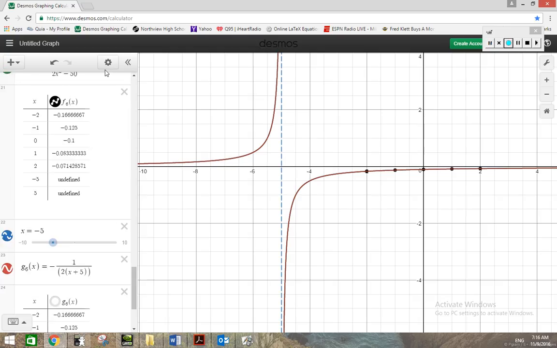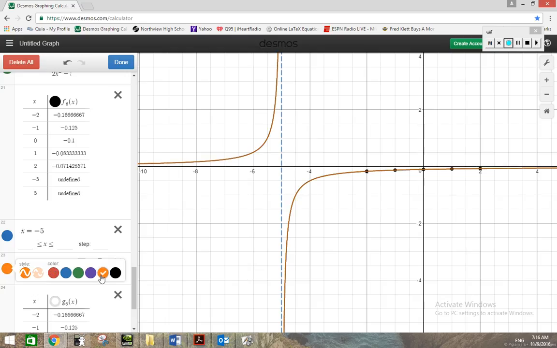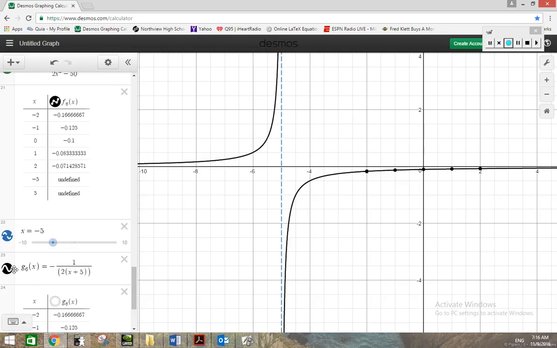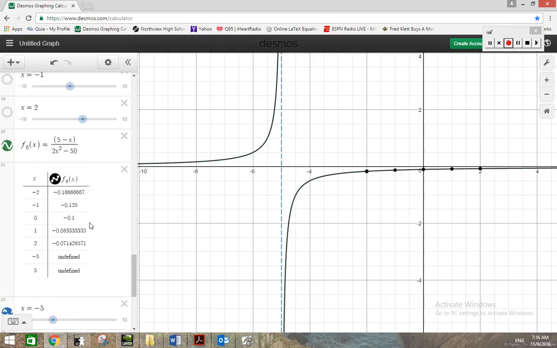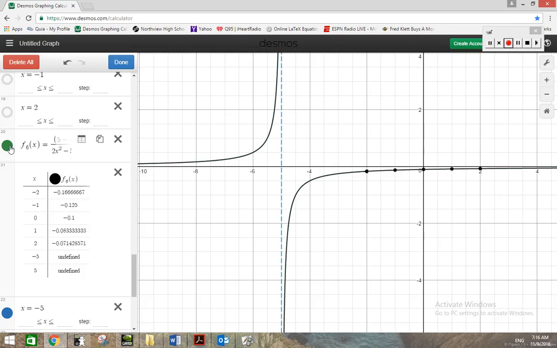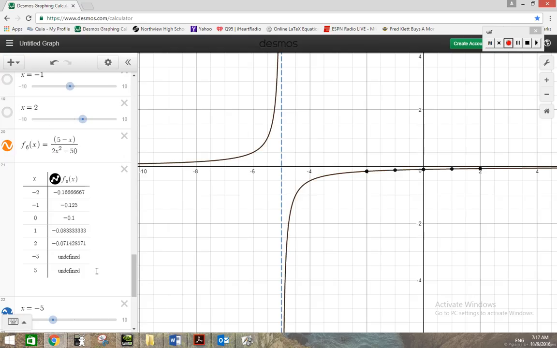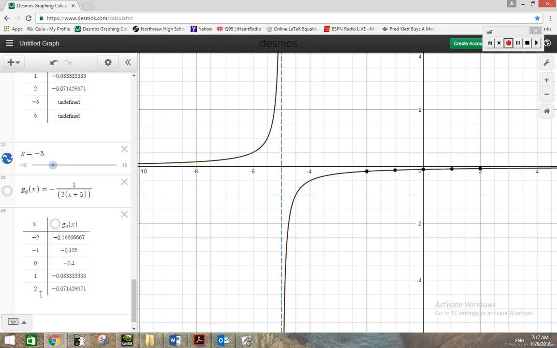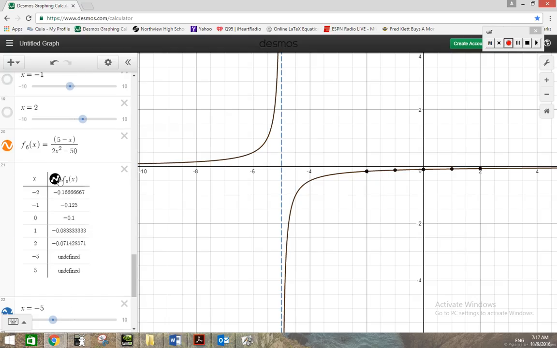I don't know what will really show up over the other. Okay, the green doesn't show up that well. Sorry about this. There we go, maybe.